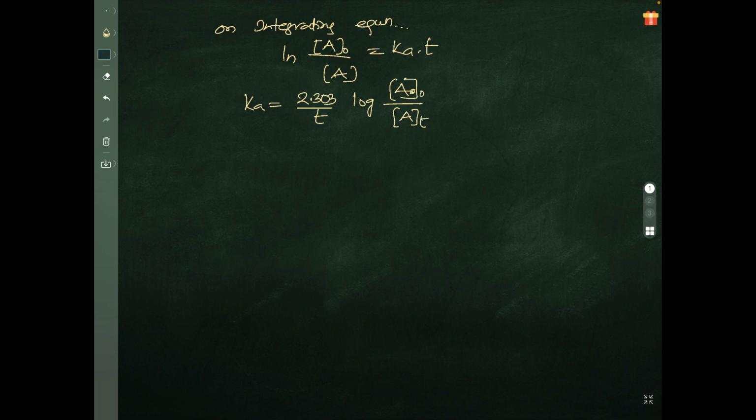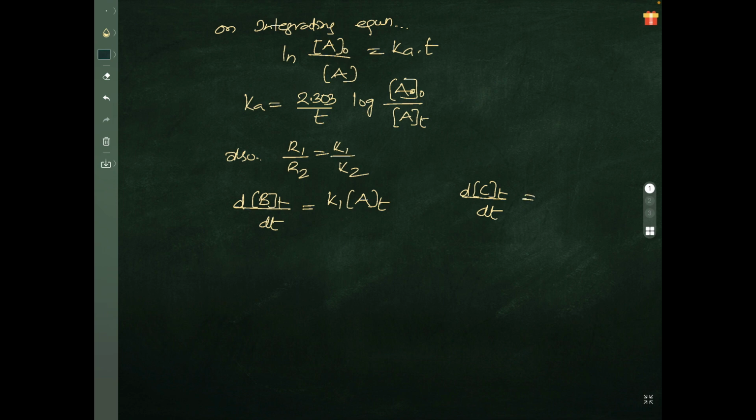A naught is the initial concentration, A T is the concentration at T time, and we know R1 by R2 is equal to K1 by K2. dB by dt is equal to K1 into the concentration of A. dC by dt is equal to K2 into the concentration of A at T time, or we can say the concentration of B at T by the concentration of C at T time is equal to K1 by K2.